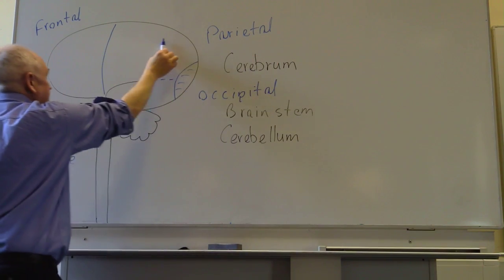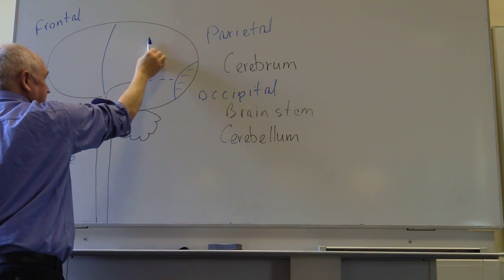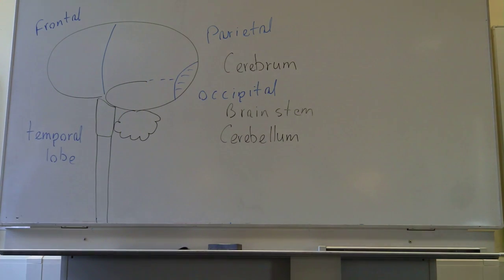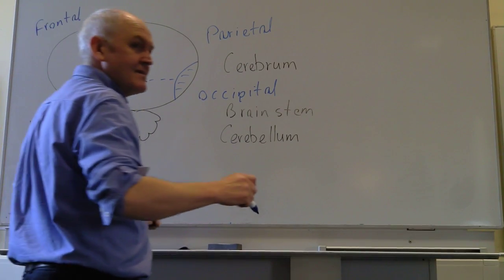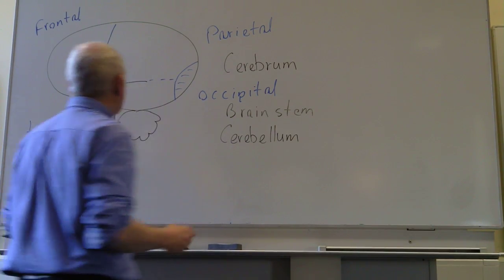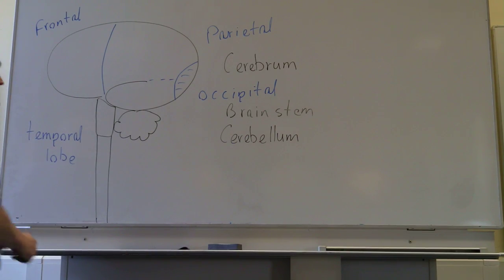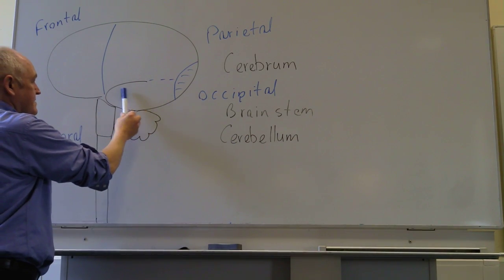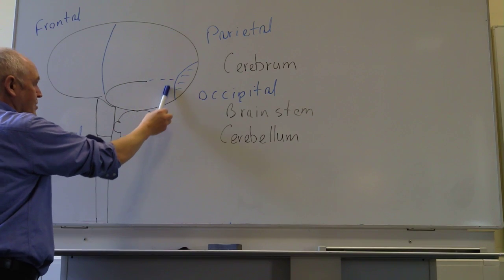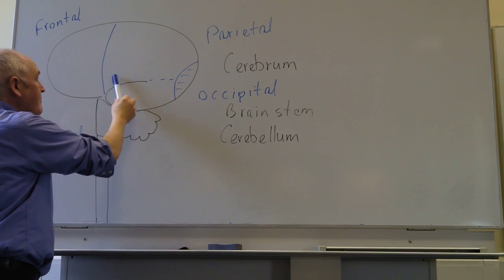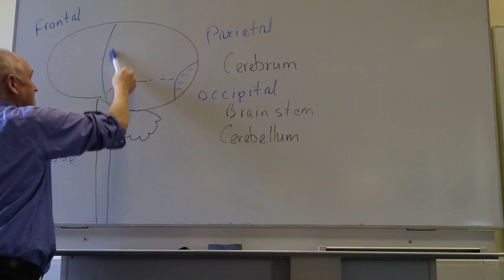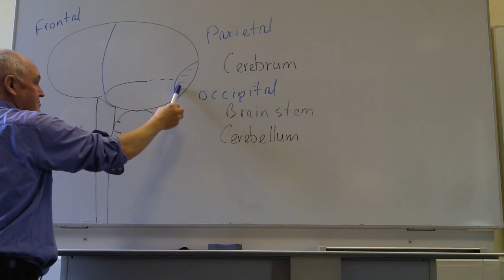So this large lobe on the side is the parietal lobe. Start with an A. P-A-R-I-E-T-A-L. Is the temporal lobe next to the occipital? Yeah. That bit there is all temporal lobe. That bit there is all parietal lobe. And that bit there is occipital.